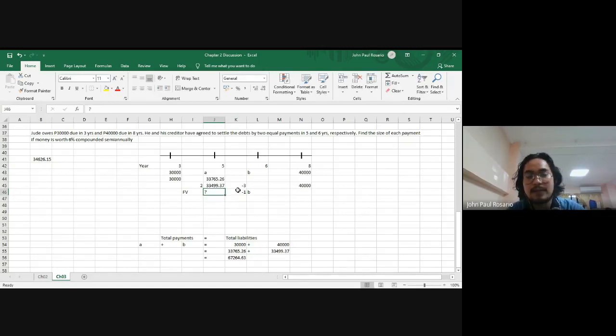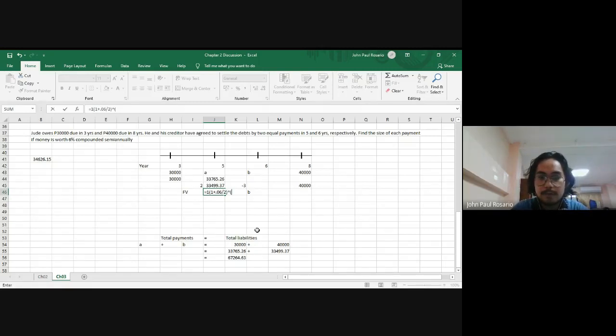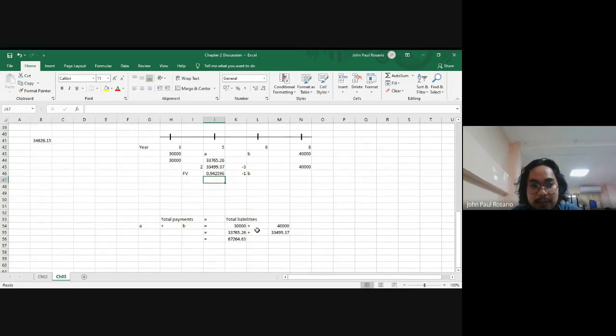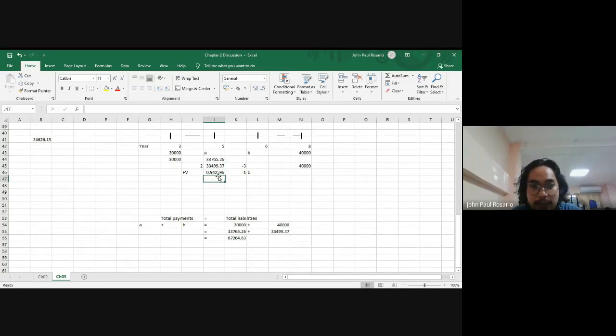Now, the equivalent value of this would be, assume that the equivalent is 1. So, 1 times 1 plus 0.06 over 2 raised to the power of 2 times negative 1. Okay, so meaning B is equal to 0.942596 of A.